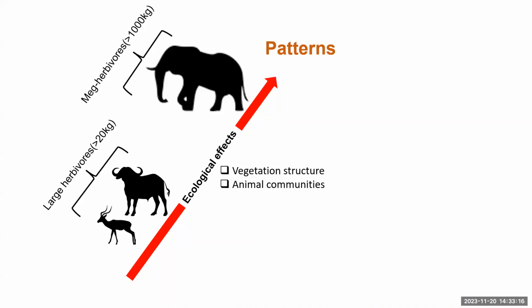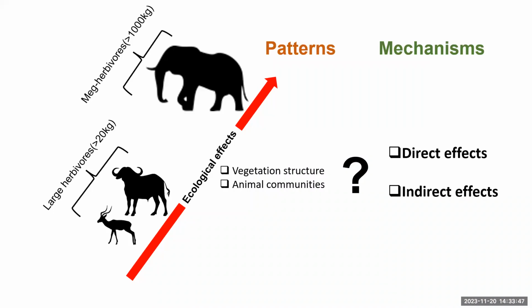We know quite a bit about the impact of large herbivores in general in our savannas. Specifically, we know that some herbivores, like mega herbivores, have marked influence on things like vegetation structure and animal communities. However, we really lack understanding of how these patterns come about.